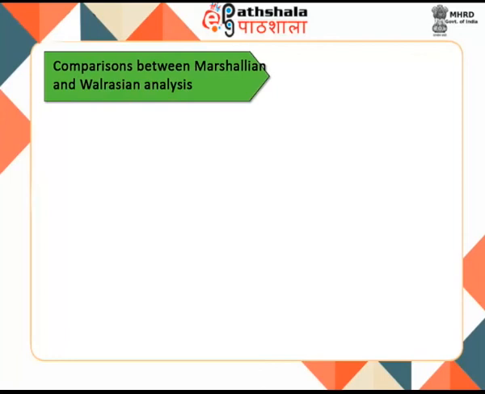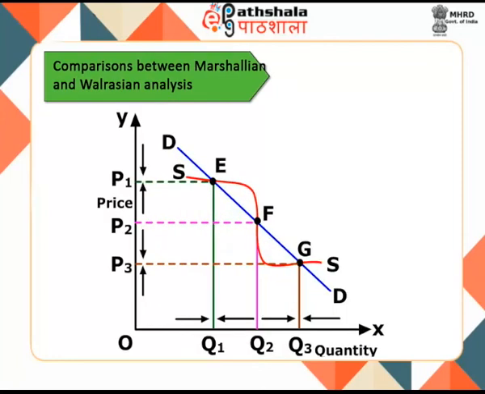On the other hand, according to Marshall, if the demand curve lies above the supply curve and the former intersects the latter as at points E and G, the points of intersection will result in stable equilibrium.